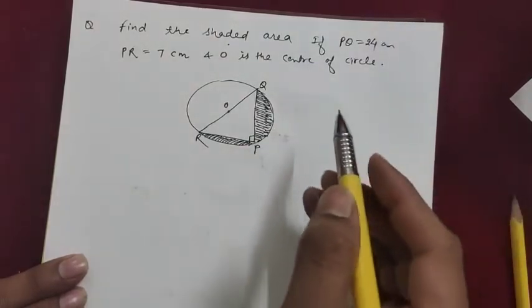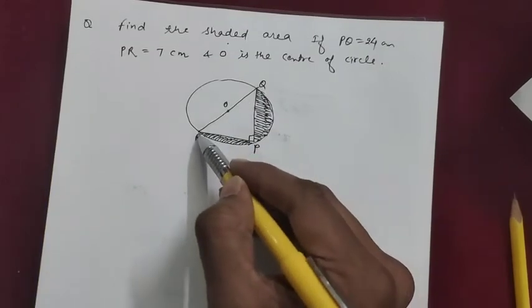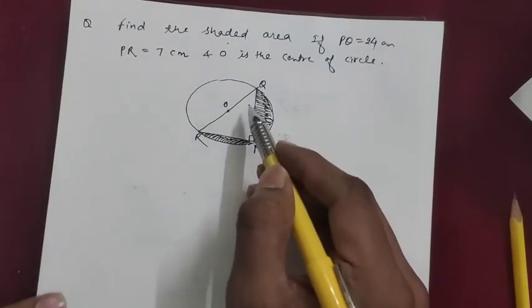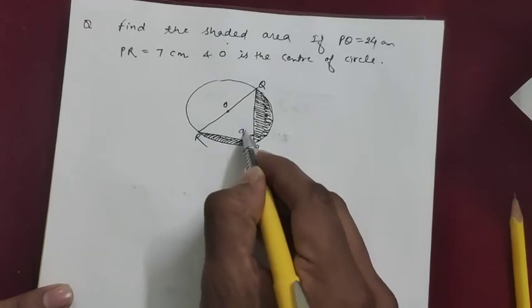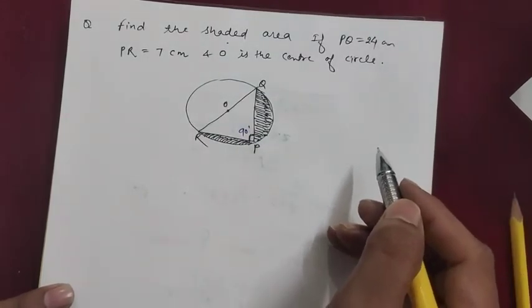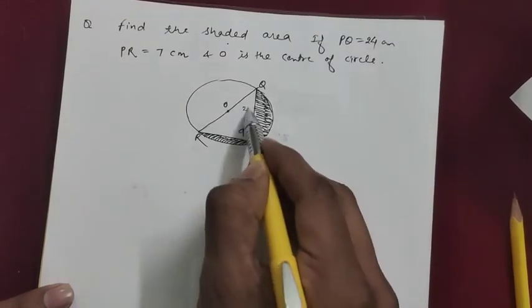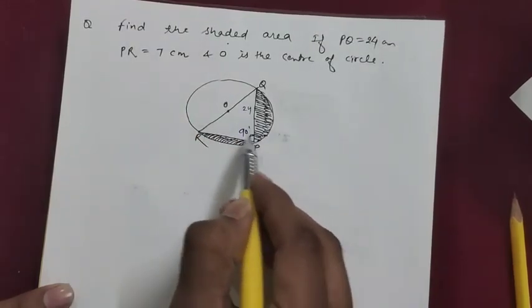So see, first thing you need to know is that the angle made by a diameter is always a right angle. So this must be 90 degrees, and PQ is given how much? PQ is given 24, and PR is 7.